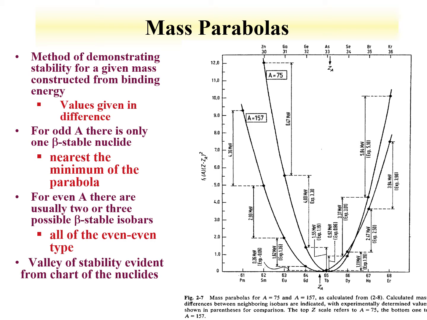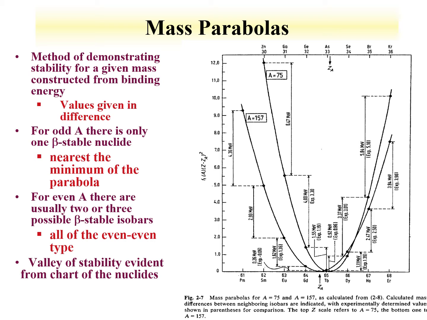It also shows which mass chains may have multiple stable isotopes. For anything that's an odd A, as shown here with A of 75 or A of 157, there's only one beta stable nuclide, and it's near the minima in the parabola. So shown here, these are your stable isotopes. We can see there's an energy difference here, energy difference here.